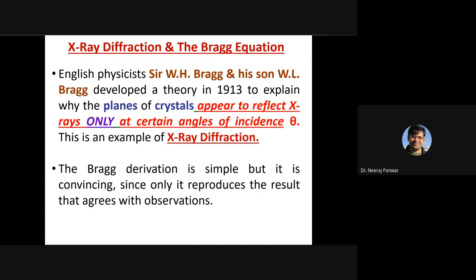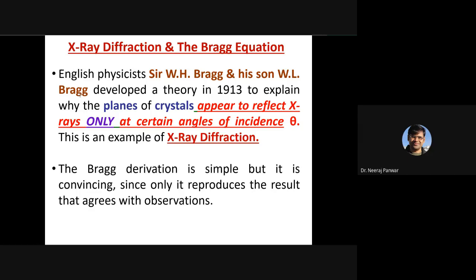The first point of that theory is that the atoms which are arranged in a periodic fashion in a solid, the planes formed by these atoms act like a mirror, and if X-rays are incident on it, they will be reflected.